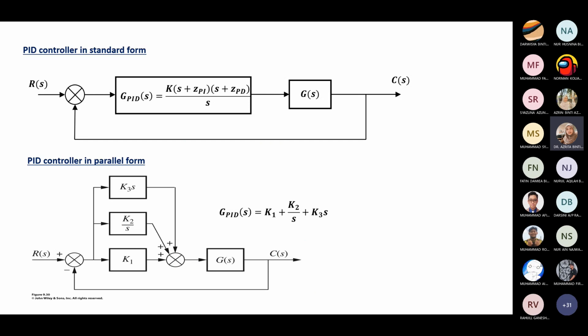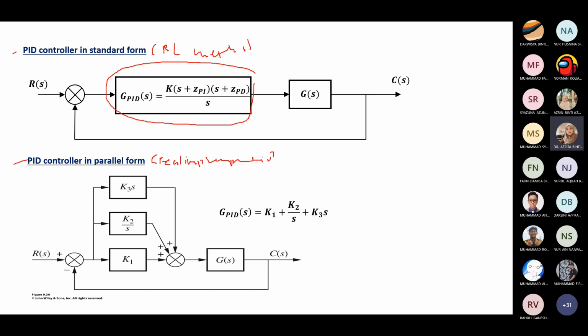Okay, so we do some revision for the PID controller using the standard form or using the root locus method. The block diagram is given by this block diagram. So the GPID is given by this equation. And we also learned the parallel form, which is what we use in real implementation.